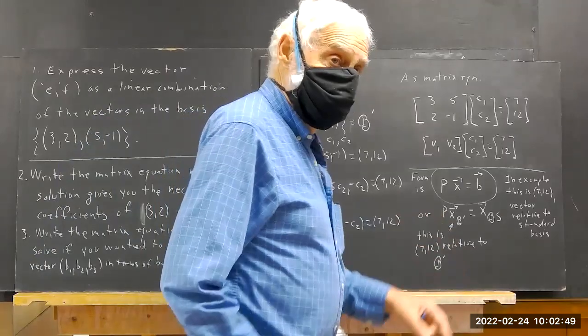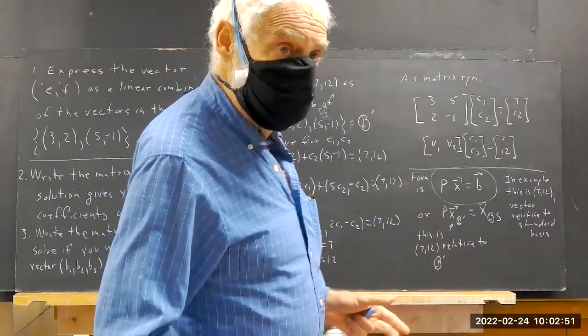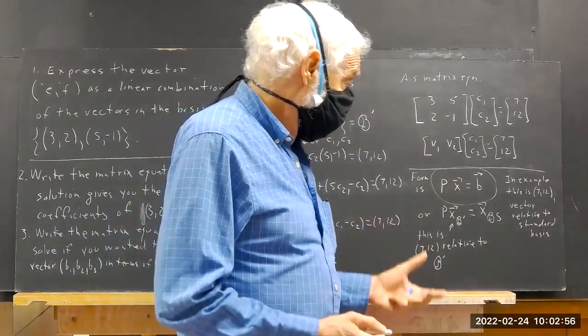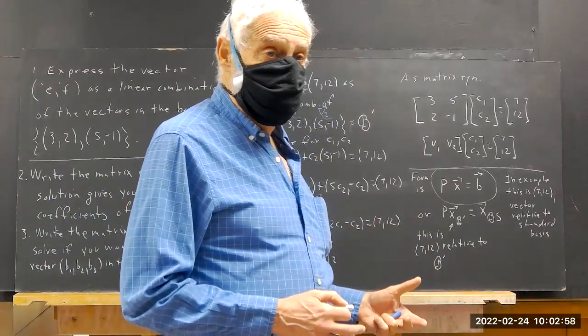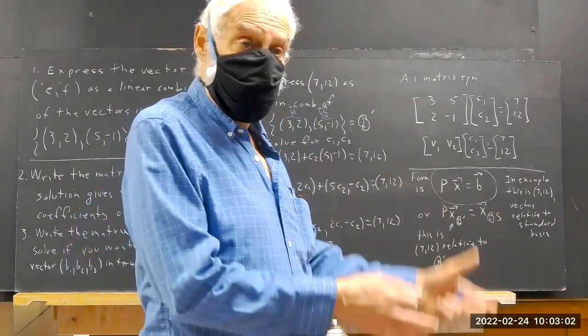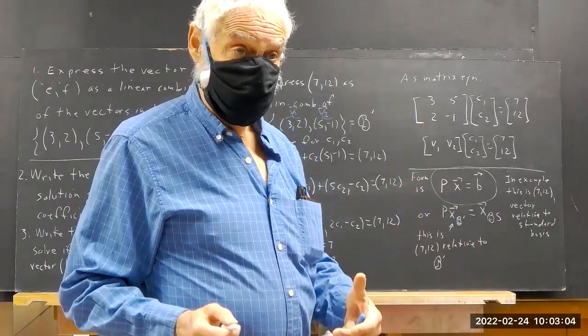But for one reason or another, and there are some incredibly good reasons that you'll see a little later in the course, you want to be able to express a vector in terms of a non-standard basis, or to change from one basis to another.